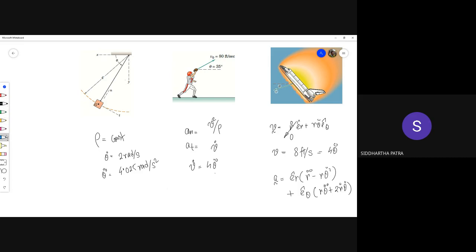Now this quantity would be 0, the Coriolis component, because r dot is 0, and this quantity is also 0. So from that you will get one set of expressions for the acceleration. So you can immediately determine the radial and the transverse components of the acceleration, the r and theta components.